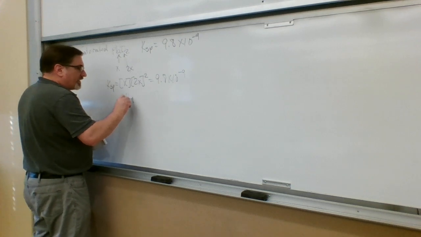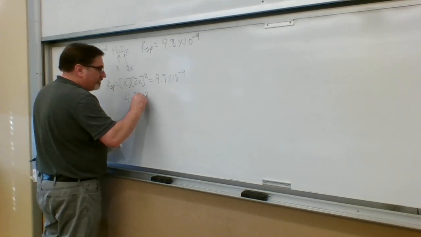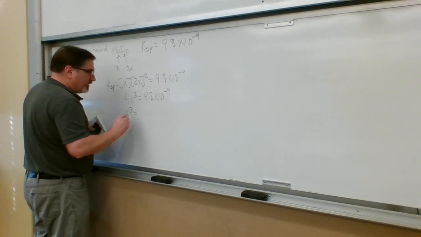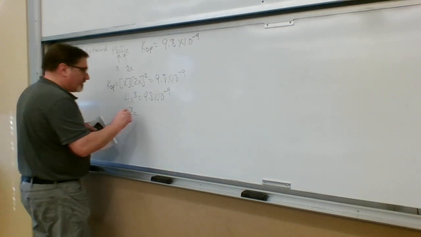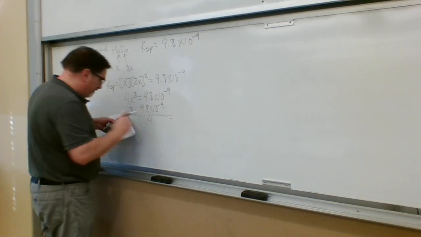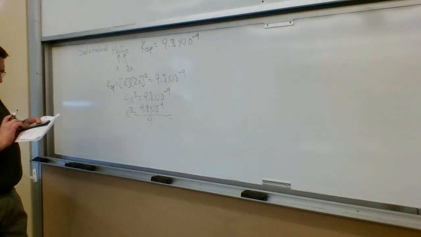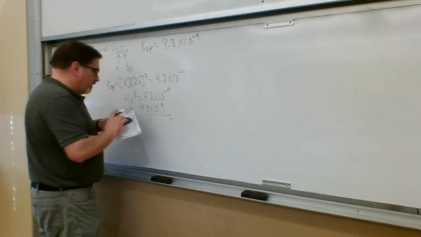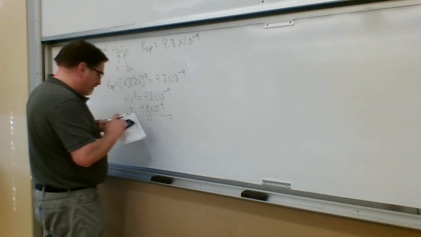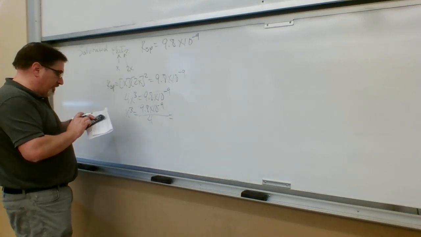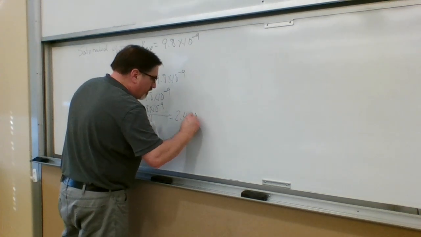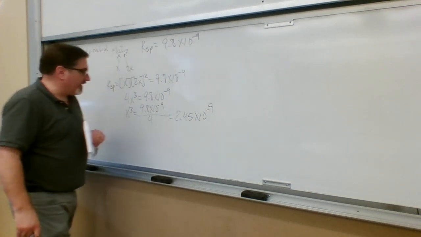And so 4x cubed, as we simplify that side, x cubed is equal to 9.8 times 10 to the minus 9th over 4. 9.8 times 10 to the minus 9 divided by 4 is 2.45 times 10 to the minus 9.